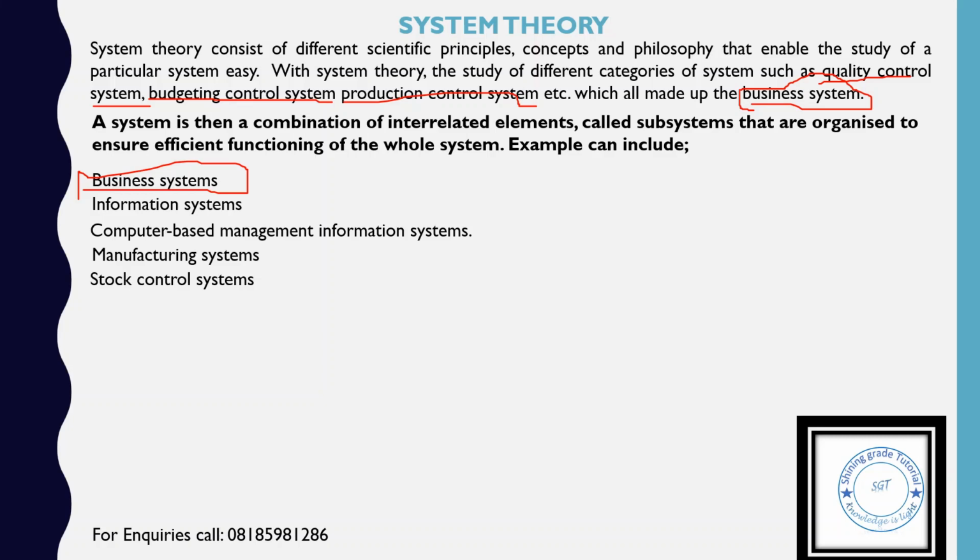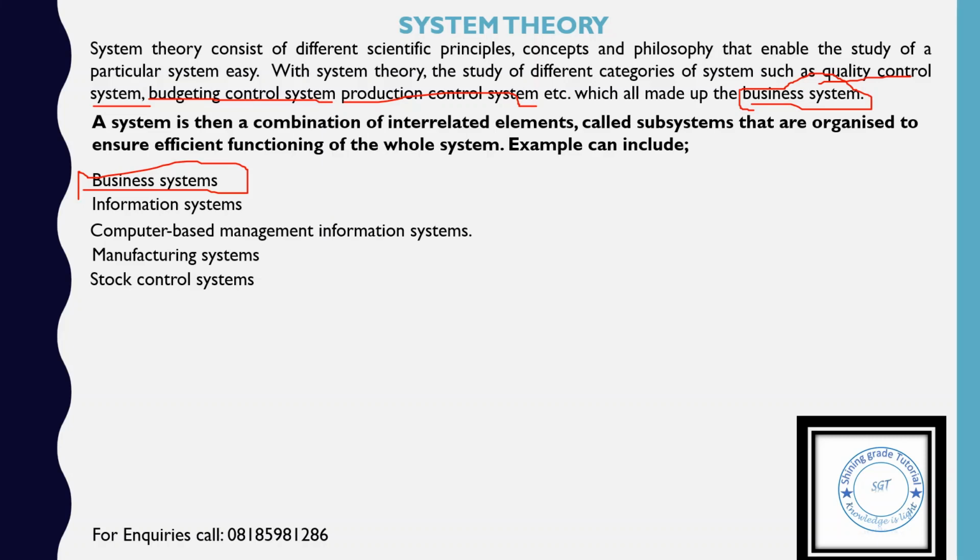As a very good example, in a business system you can have different sections and departments: an audit department, a personnel department, a finance department, a purchasing department, and so on and so forth.